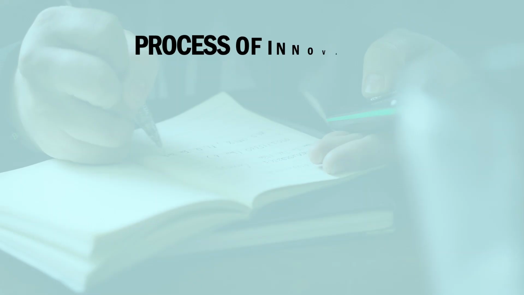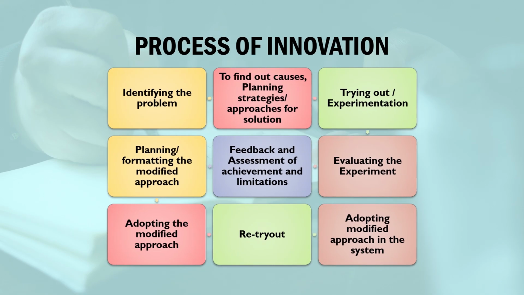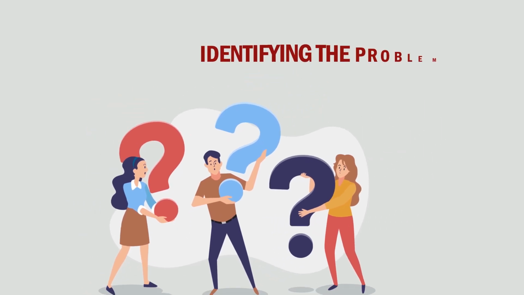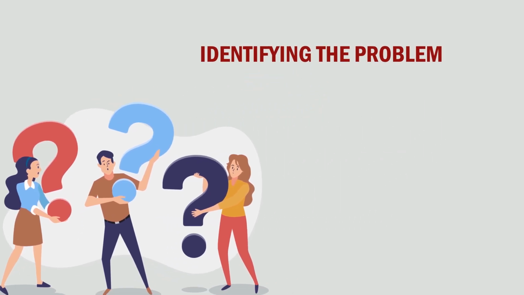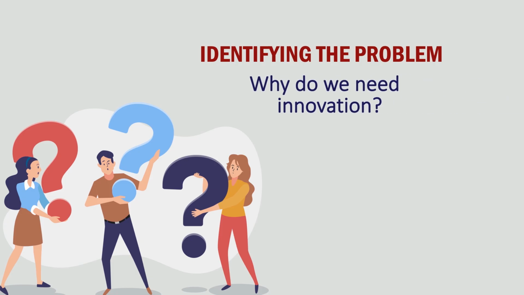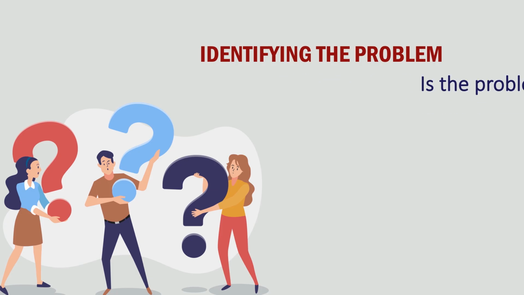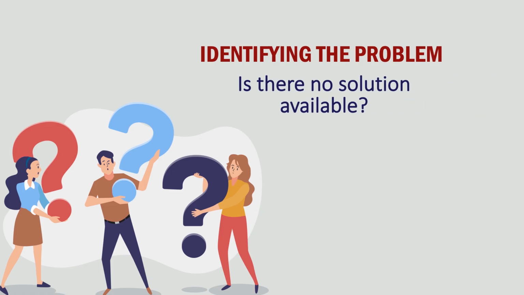At last, let us focus on the process of innovation, which starts from identifying the problem and ends with the adoption and modification of the approach. Let us discuss all these steps in brief, one by one. The first step is identifying the problem. When we think about innovation, first we think, why do we need innovation? The problem which we are facing, is it new or unique? Then we try to find out whether there is no solution available for this problem, or if solutions are available, they are not able to resolve the problem.